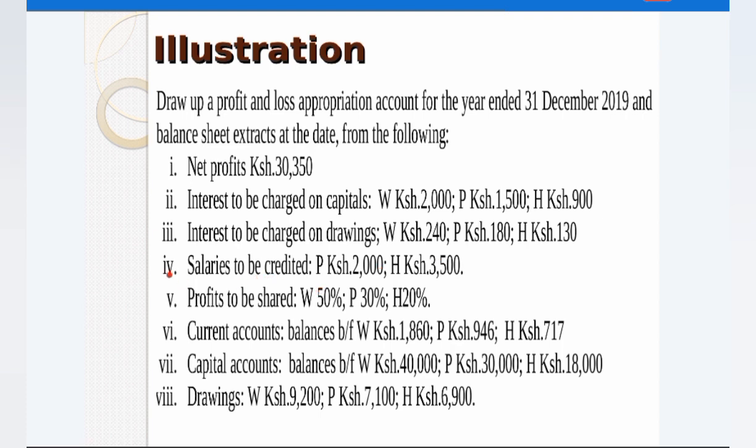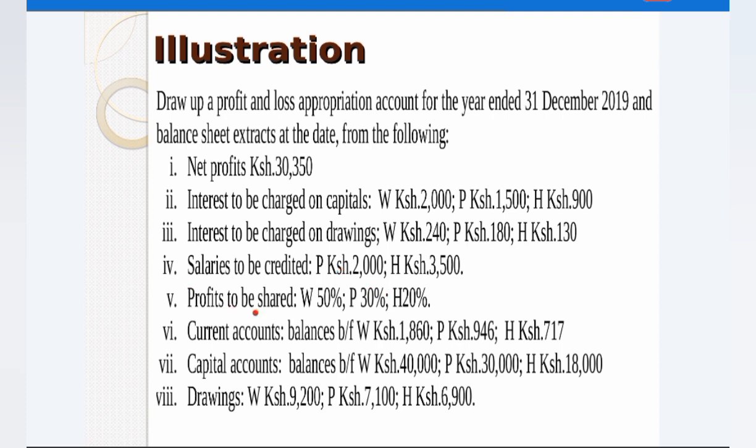Then we have been told that some of the partners are engaged in the running of the partnership and therefore they are paid salaries. So salaries to be credited: P 2,000 and H 3,500. So you can see it's only partner P and H who are engaged in the running. So W is not paid any salary.